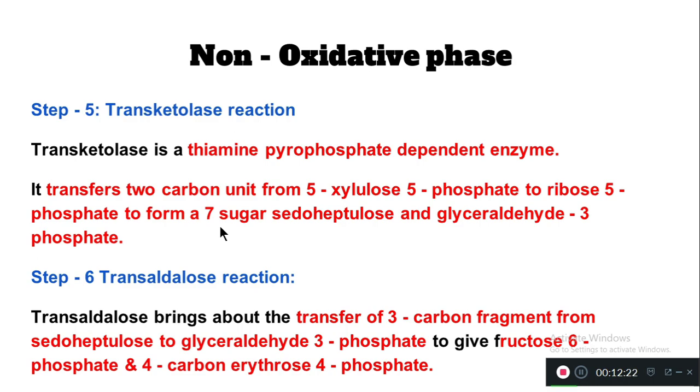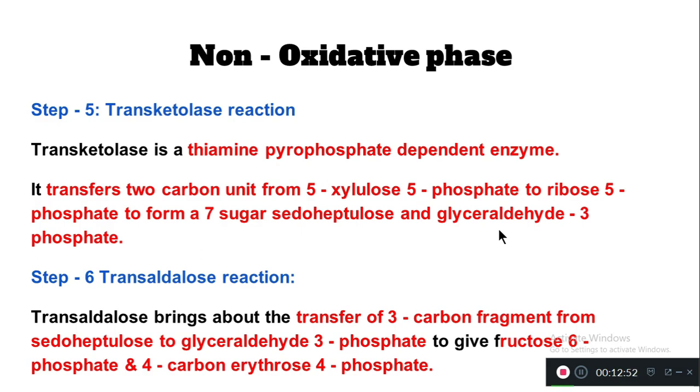From that, 2 carbon units are added, forming a new substance with 7 carbon molecules. That substance is called sedoheptulose 7-phosphate. Also, we are getting another substance called glyceraldehyde 3-phosphate.